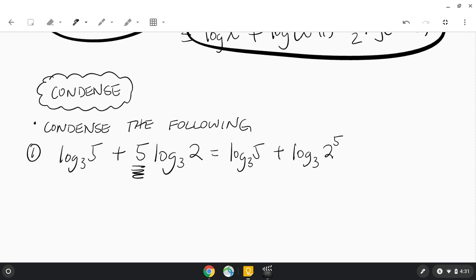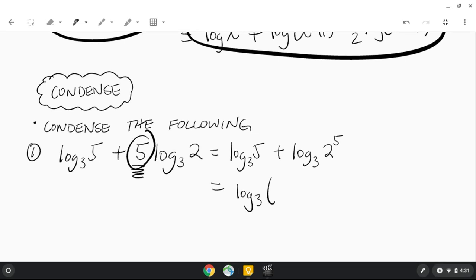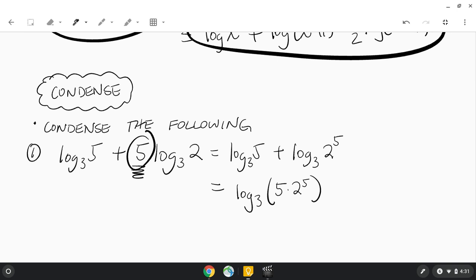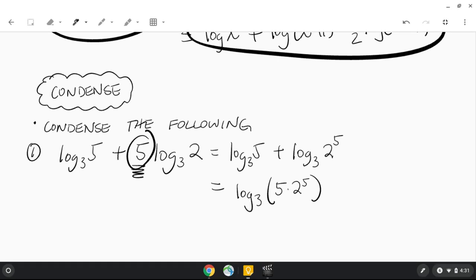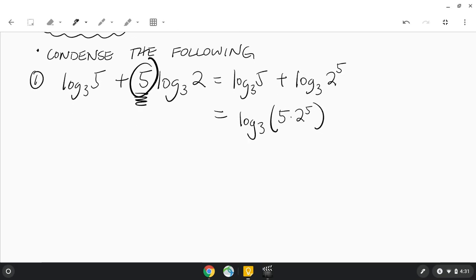So all I did was move that front number back to the exponent position. And both of these are positives. So I will just have 5 times 2 to the 5th. I don't have any subtractions, so I won't have anything in the denominator.